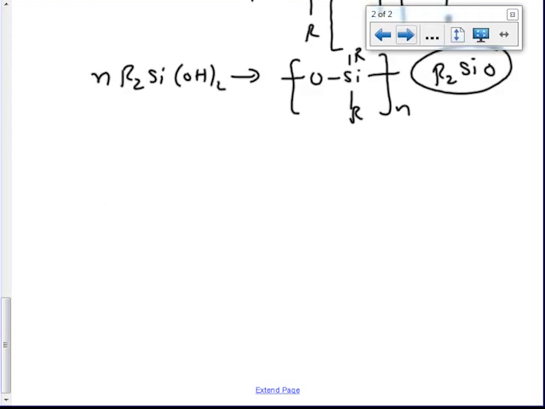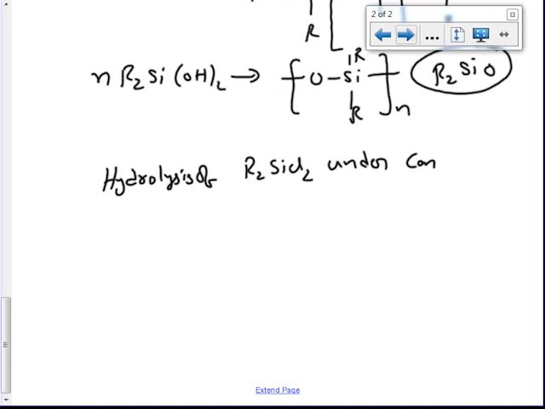Now hydrolysis of R2SiCl2 under controlled conditions produces a cyclic structure.